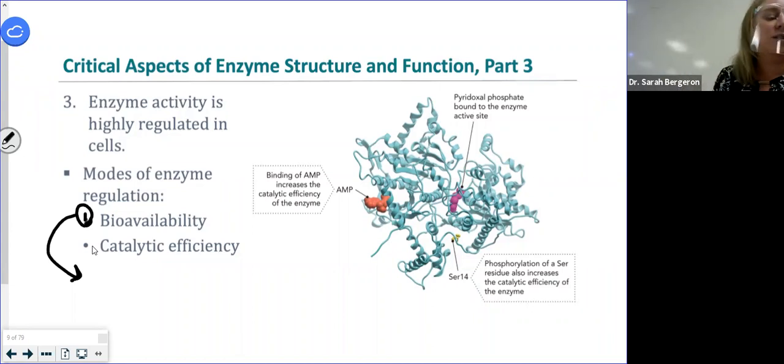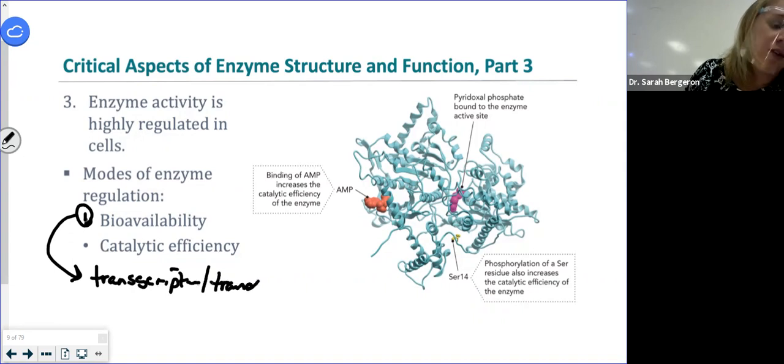How do we get proteins? Correct. So you can say transcription, translation, right?